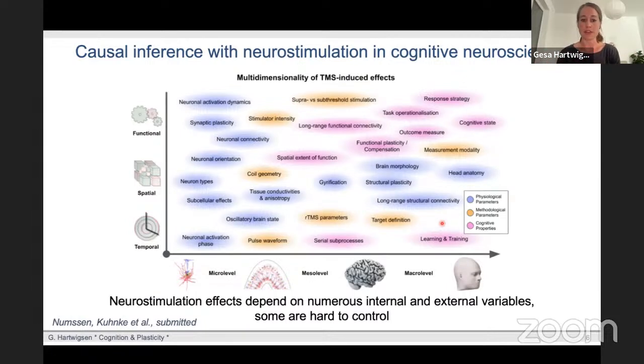So the take-home message here is that the neurostimulation effects will strongly depend on numerous internal and also external variables. And some are hard to control, and the whole parameter space is not explored yet. And the interactions of these internal and external factors are often ignored, which can lead to unexpected effects, paradoxical effects, or sometimes just null effects.